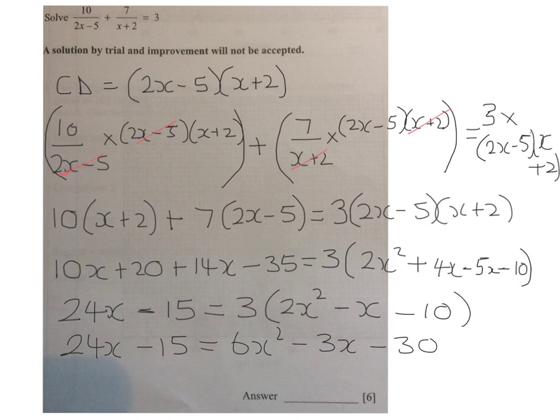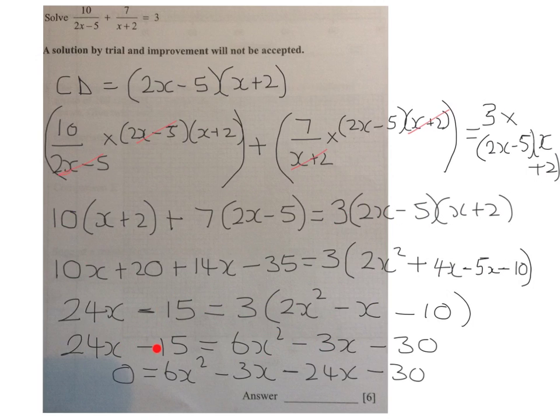And we're going to now bring everything over to the right because this is positive. So these two terms are going to come over to be with the rest of the terms and leave us with 0 on the left. So we've got 0 is equal to 6x squared minus 3x. And then as you can see, the 24 is going to come over and it will be minus 24x. We've got a minus 30 already on the right.